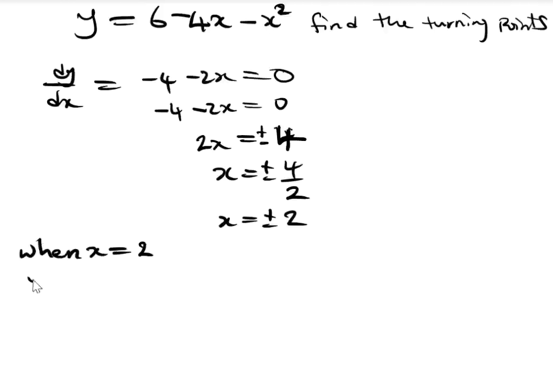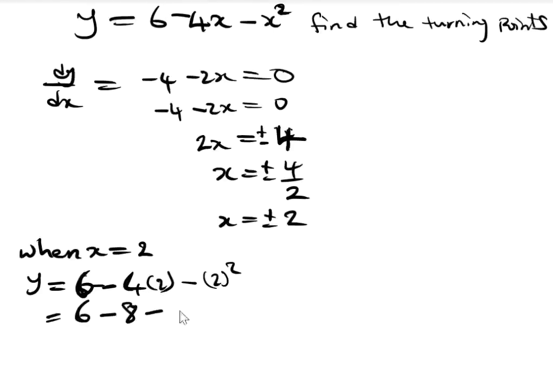We have that y is equal to 6 minus 4 into 2 minus 2 all squared. This is equal to 6 minus 4 multiplied by 2, which is minus 8, and minus 2 squared is 4, and this implies that 6 minus 8 minus 4 is minus 12.